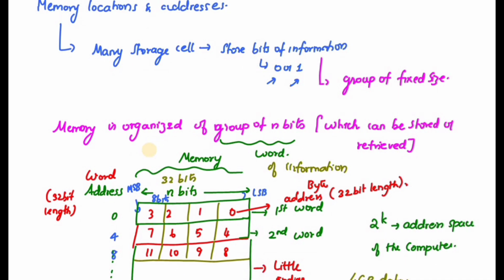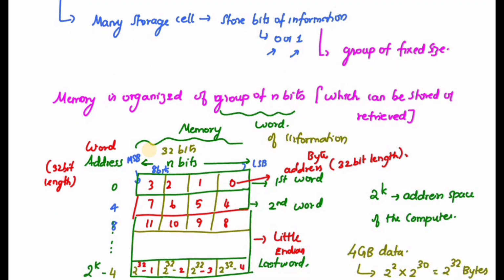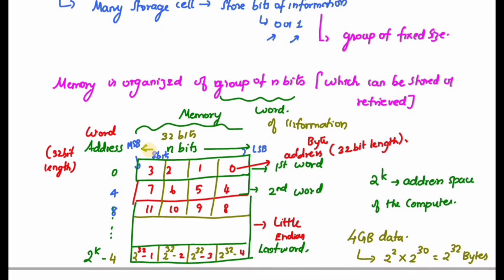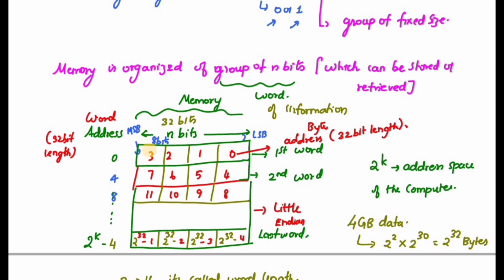Let me take that as 32 bits. If it is 32 bits, the word address is from 0 to 2 power 32 minus 4. Since the word length is 32 bits, I can split it into 4 bytes.